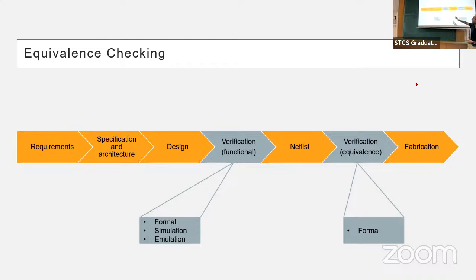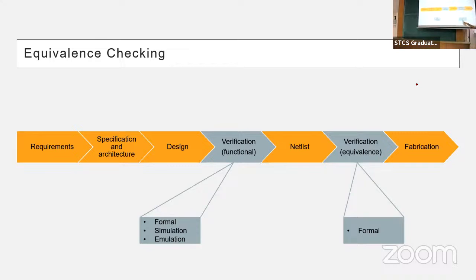Now, this picture we saw earlier in one of the previous slides. Simulation is still largely used because of the complexity. People don't know how to solve that, but formal is increasing day by day.